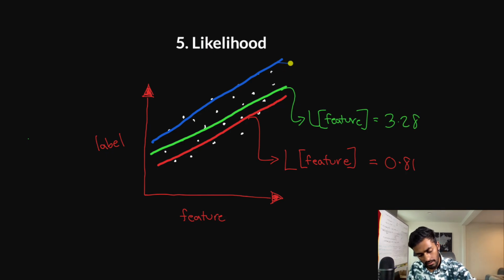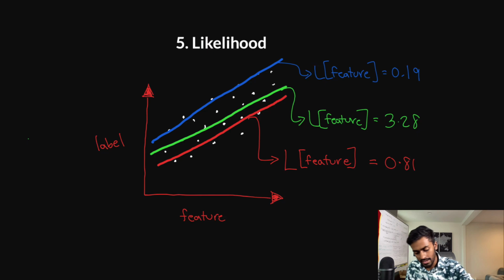And this third model up here, well, let's say that this is going to be some 0.19, right? So which of these has the higher likelihood? That is the better fit to the data.